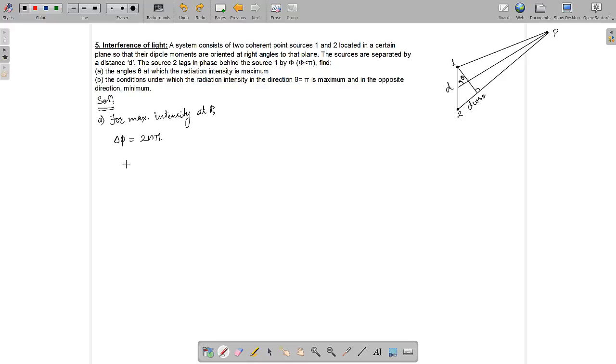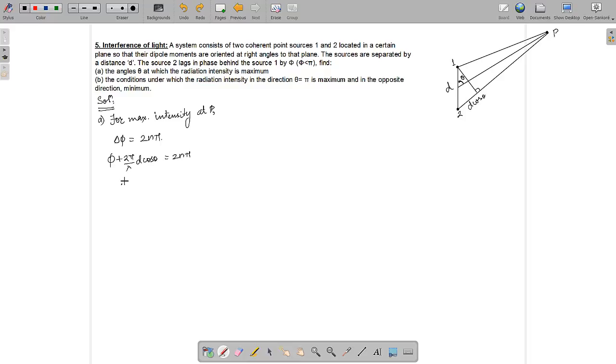The net phase difference can be calculated. Source 2 already lags behind source 1 by a phase of phi. So we can say phi plus, due to the path difference, source 2 is again lagging by a phase difference of 2 pi by lambda into d cos theta. This should be equal to 2n pi, where n is any integer, that is 0, plus minus 1, and so on.